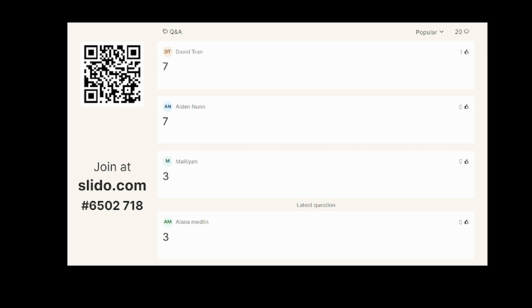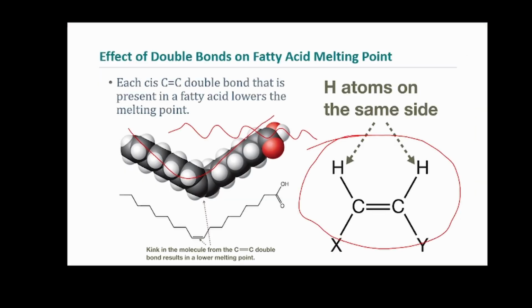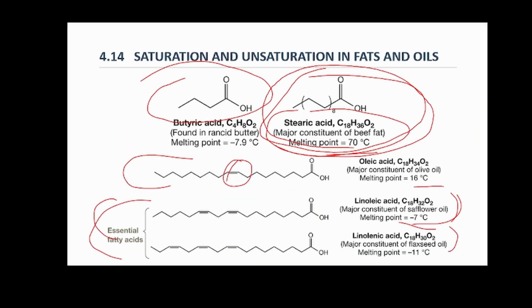Has everybody heard of 2 trans, 3 trans? No? 2 cis, 3 cis? Or 2 unsubstituted, 3 unsubstituted? No? Okay. Many of the fatty acids that are essential to our diet are actually di- and tri-unsubstituted.